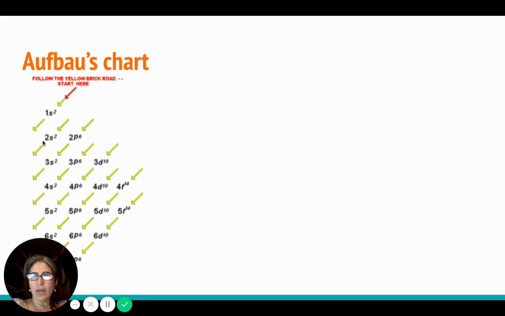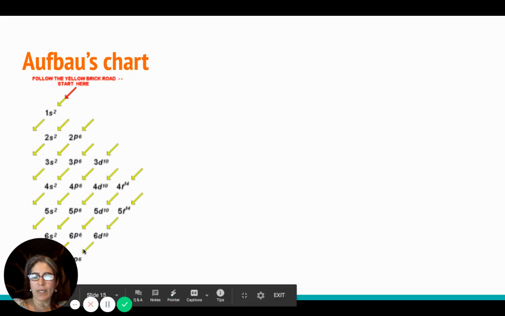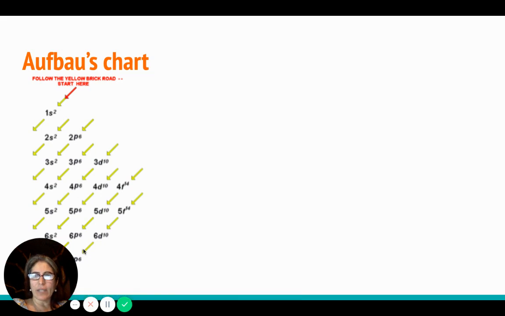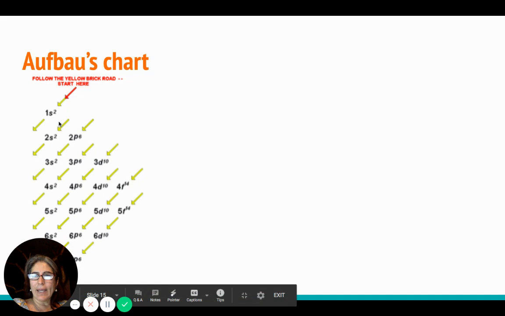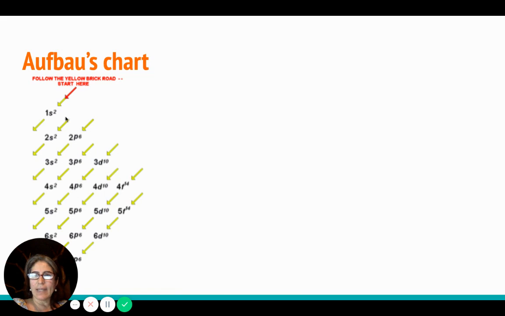So these numbers, from 1 all the way to 7, represent the energy levels. They're called energy levels. The letters S, P, D, F are called sublevels. And then every sublevel has a specific number of orbitals, as we're going to see in a moment. For example, the S sublevel has a single orbital, and it has space for 2 electrons.